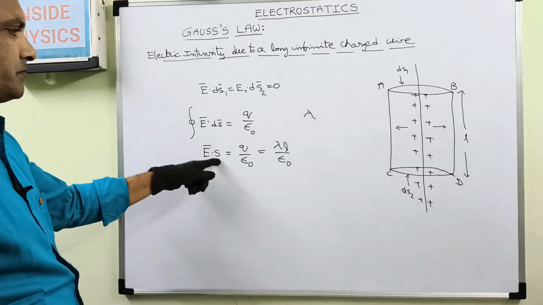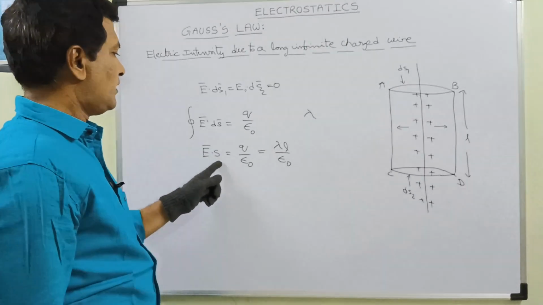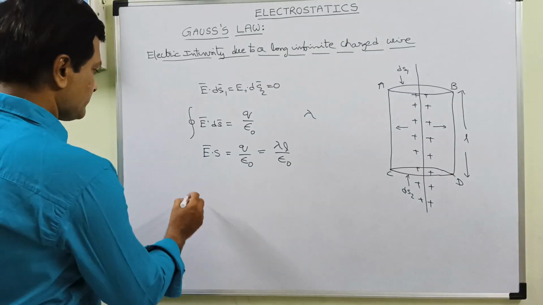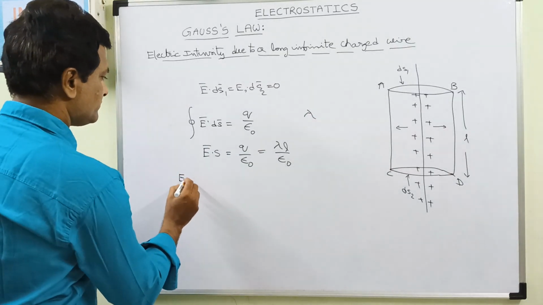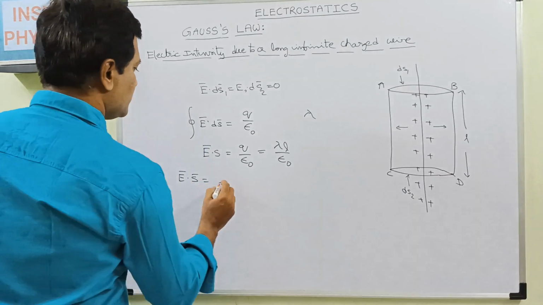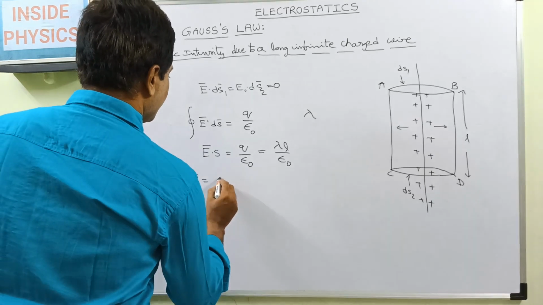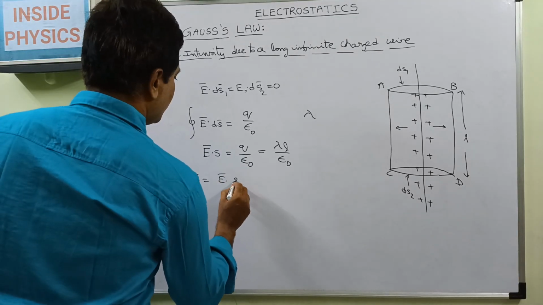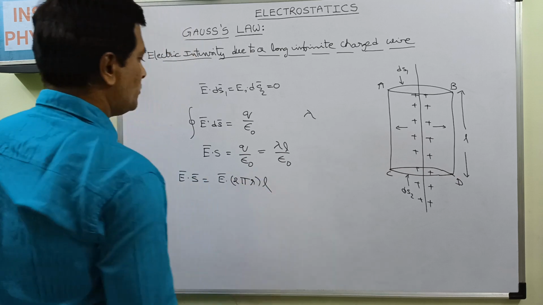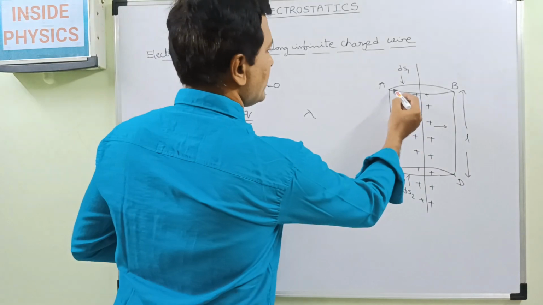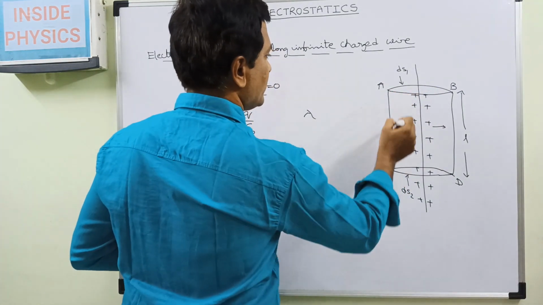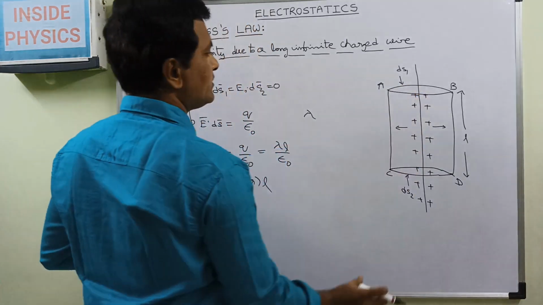What is the entire surface? How can we get the entire surface of the cylinder? Here E times 2 pi R into L, that is 2 pi RL. R is the distance from this charged conducting wire to the cylinder, the radial distance of the cylinder.